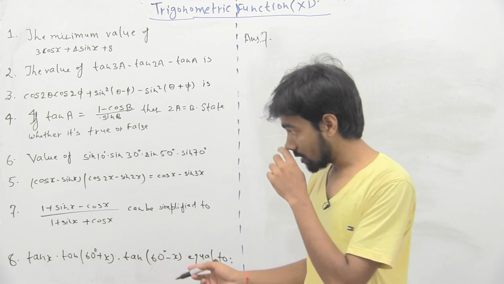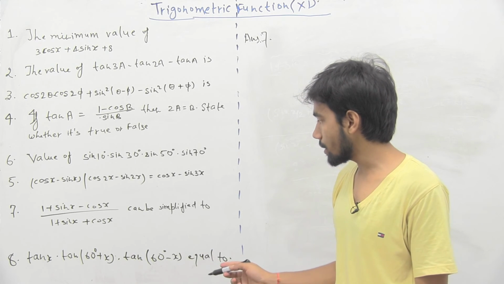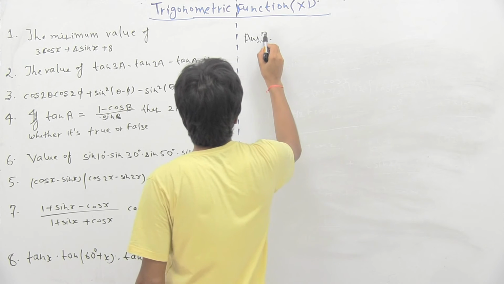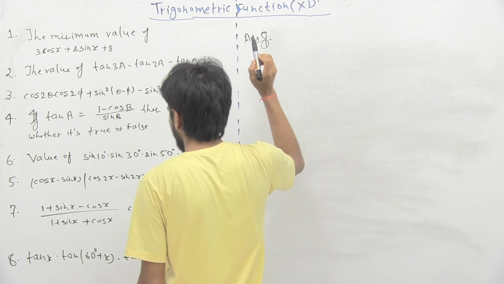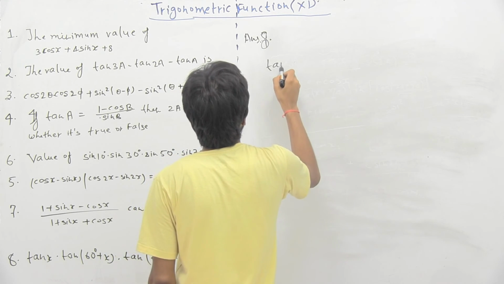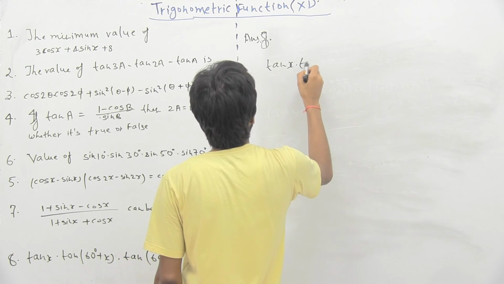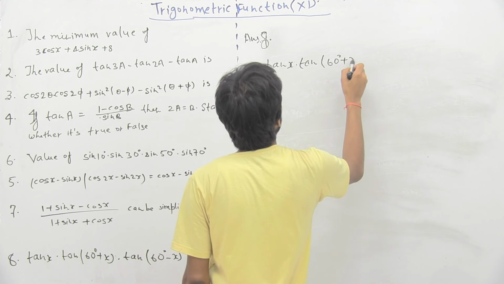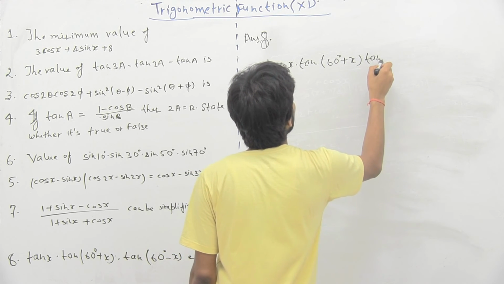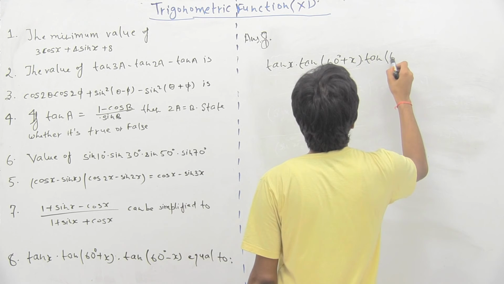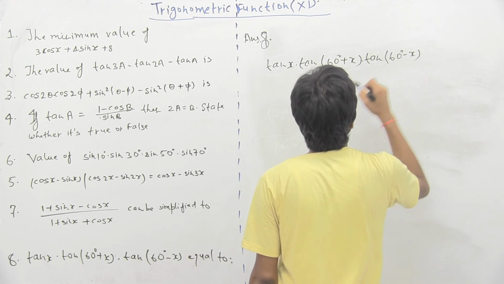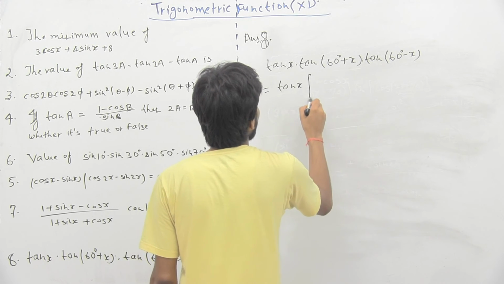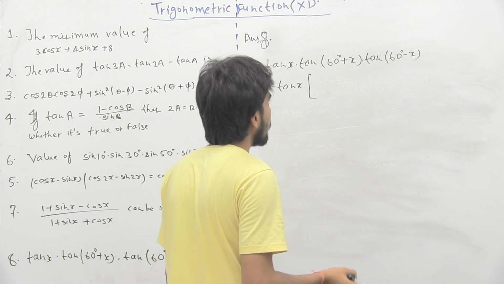Now question number 8, tan x into tan 60 degree plus x into tan 60 degree minus x. We have to simplify it. Okay. What is tan a plus b?